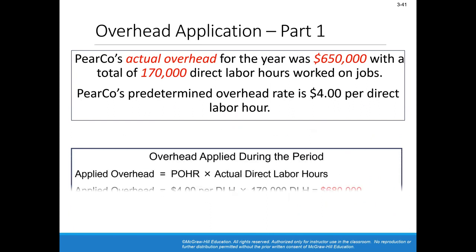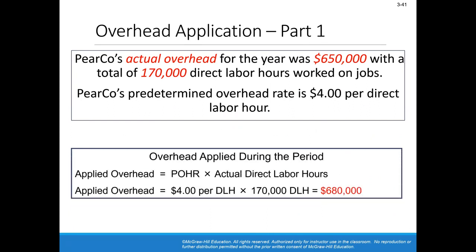So we have Pearco's actual overhead for the year at 650,000 with a total of 170,000 direct labor hours worked on jobs. So the predetermined overhead rate is $4 per direct labor hour. So remember that predetermined overhead rate is an estimate, and we're going to multiply that by the direct labor hours.